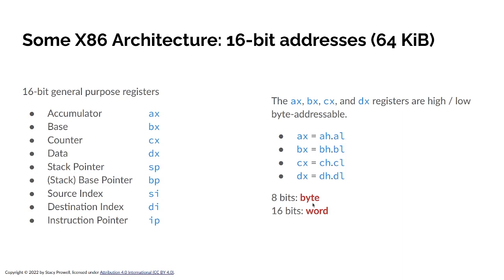8 bits was a byte, 16 bits, the word. Right? Typically, the idea is a word addresses a full location in memory. We're going to lose that almost immediately because we've chosen to use 16 bits for a word, but that's the way it's going to be. This is not universal. So if you're in the network world, you may see 8 bits referred to not as a byte, but as an octet, right? 8 things together, an octet.